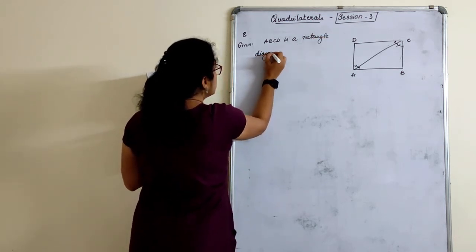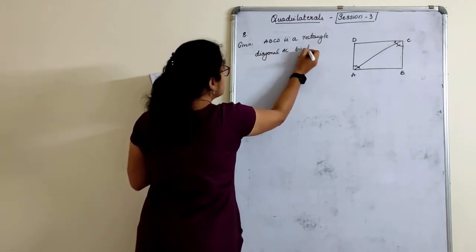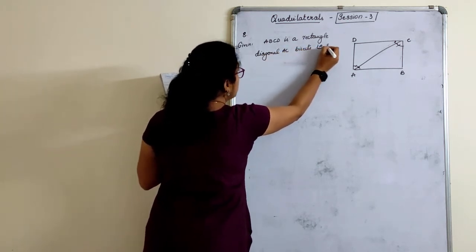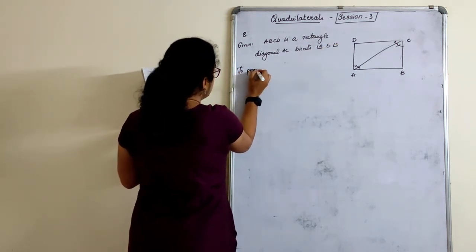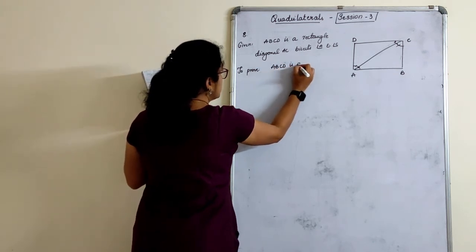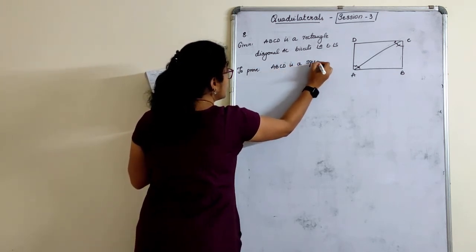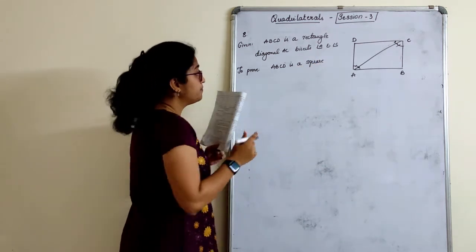Diagonal AC bisects angle A and angle C. What we have to prove? Prove that ABCD is a square. That means we need to prove that all the sides are equal first of all.